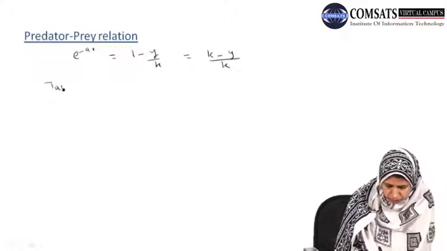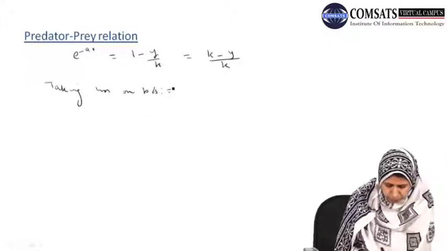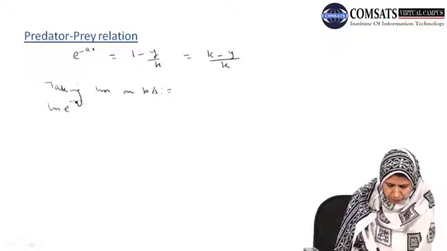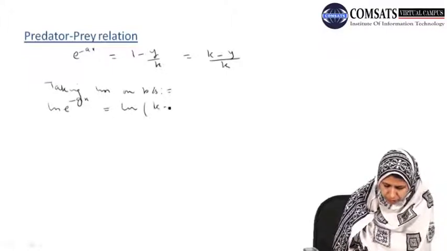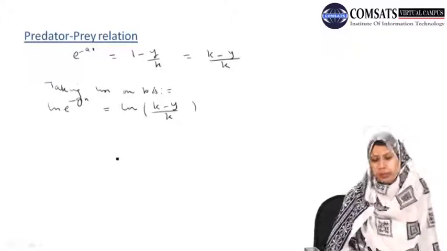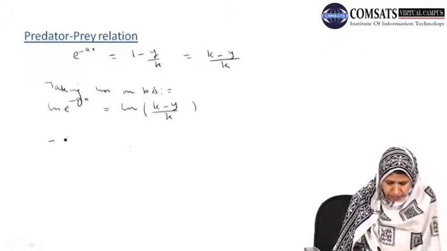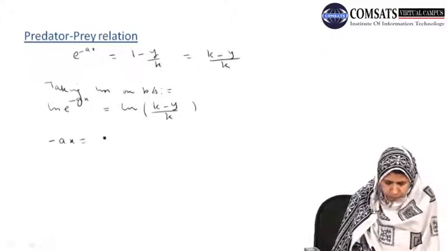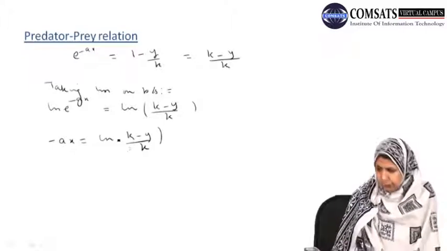Now taking natural log on both sides, we obtain natural log of e to the power minus ax is equal to natural log of k minus y over k. The natural log cancels out with our base e, and we are left with minus ax is equal to natural log of k minus y over k.